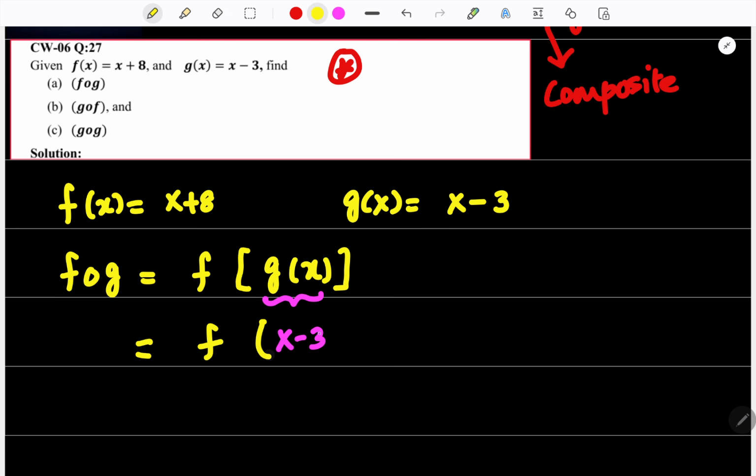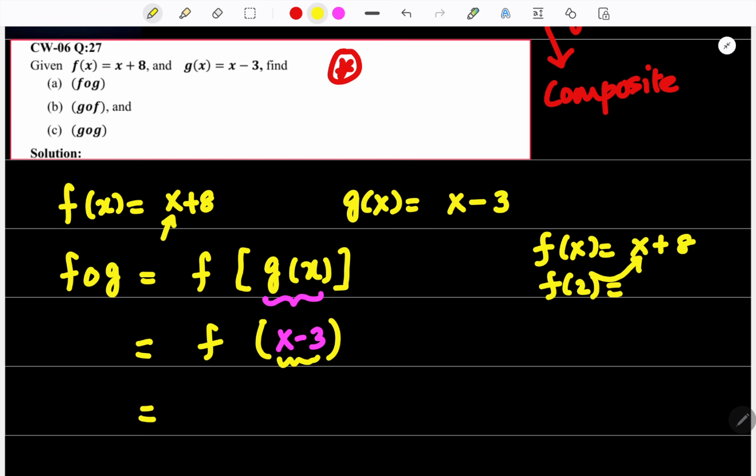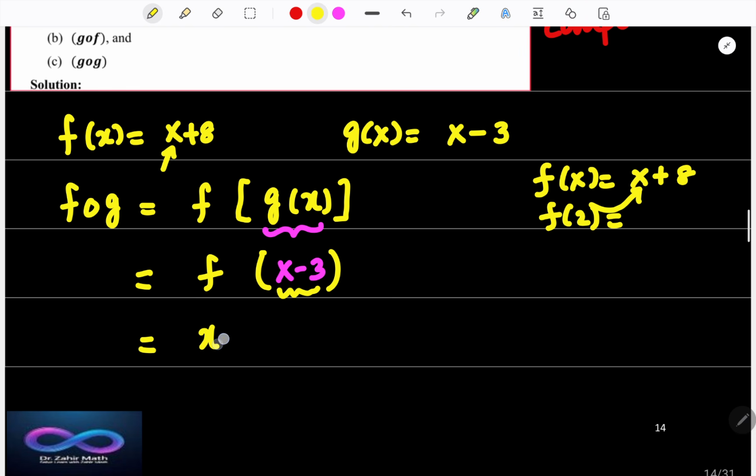Then you write f of x minus 3. Usually if I give f of x equals x plus 8, if I ask f of 2, what you will do? You put x is equal to 2, right? But now we are asking f of x minus 3. So you put x minus 3 in the place of what? X. So x minus 3 plus 8. So which is equal to what? X plus 5. Clear all of you?